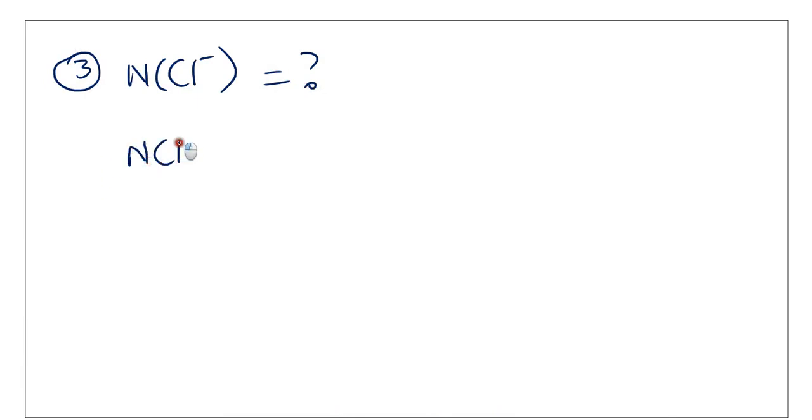Okay, well, yeah, I did create some room. So step 3 is to actually find the number of chloride ions. Now that I already have the number of mole chloride ions, you should be able to do this fairly easily using Avogadro's constant.